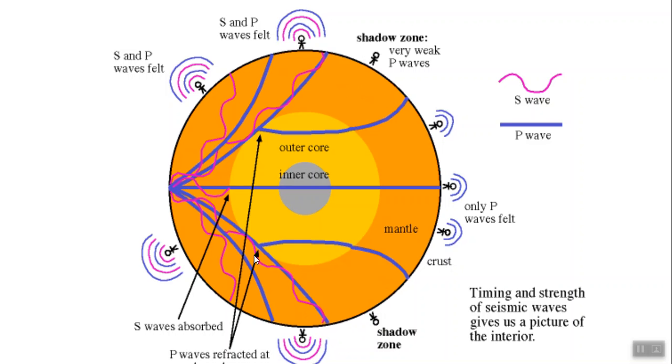Number 26, if there's an earthquake at location EQ1, what waves will you see at location A? In your document, A is right here. At station A, you will see both S and P waves.